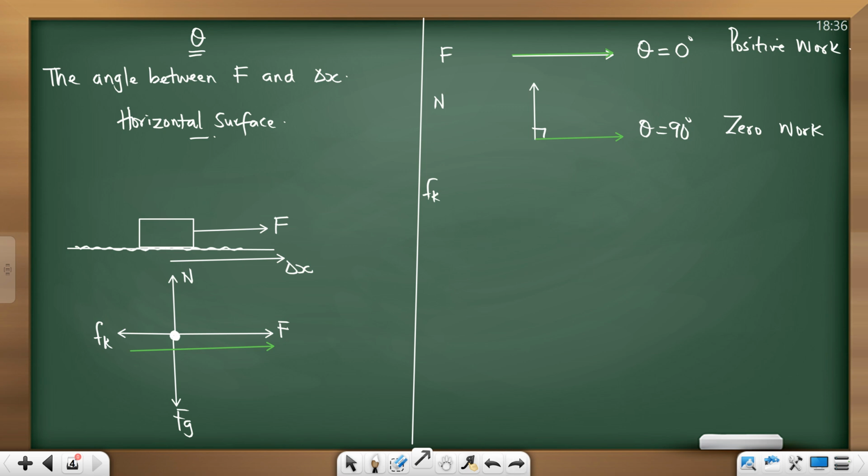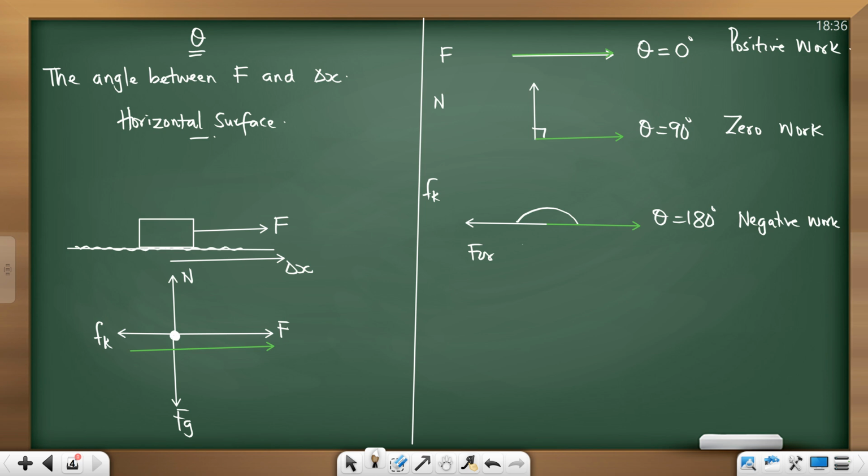Object is moving that way. And how is the force acting? What's the angle between them? 180. Why? Angle on a straight line. And I want to quickly tell you something here.